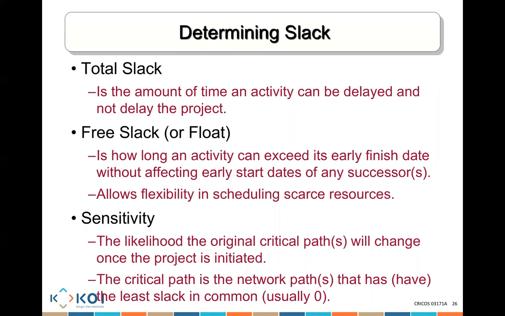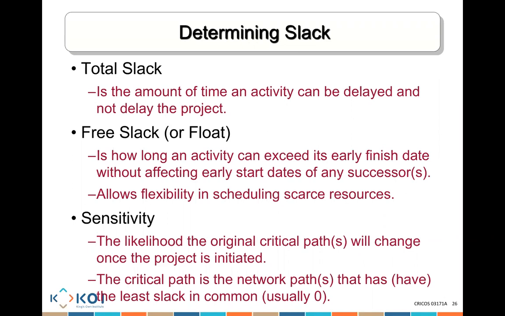Free slack is how long an activity can exceed its early finish date without affecting the early start of the activity straight after it. So that's obviously a bit different. The first one is without delaying the project. The second one, free slack, is without delaying the activity straight after it.